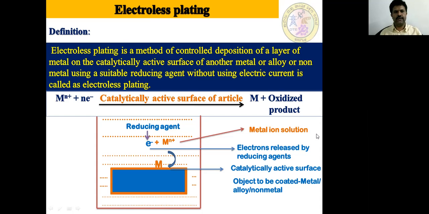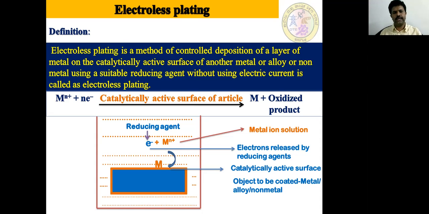So what is the importance of electroless plating? This electroless plating can be conducted on both regular shaped articles as well as irregular shaped articles. That is one thing. And the throwing power is more for electroless plating.